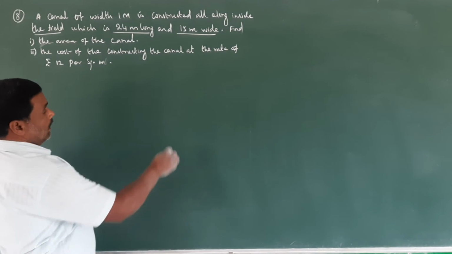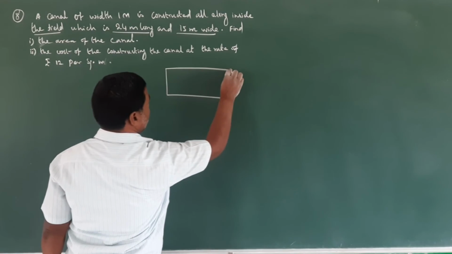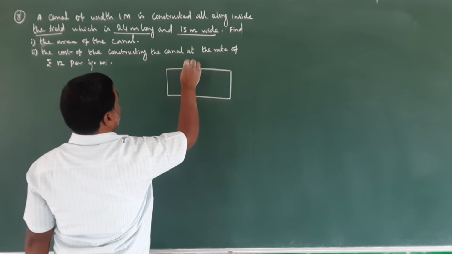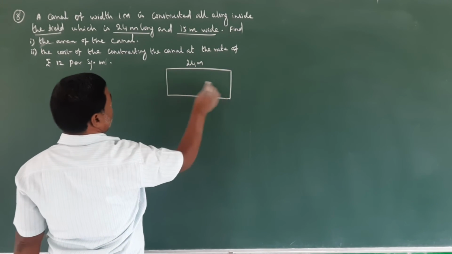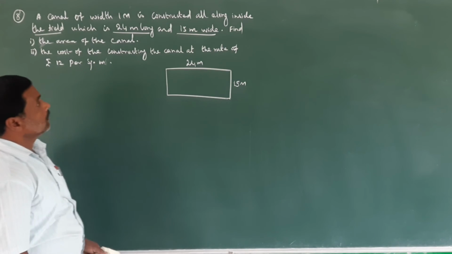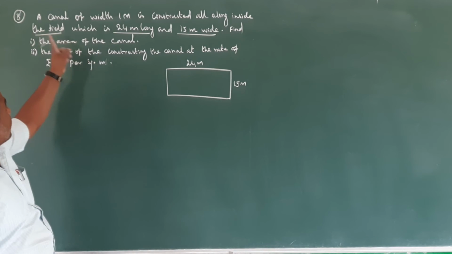Now, the rectangular field: length, capital L, 24 meter, width 15 meter. The canal of 1 meter is constructed all along inside the field.